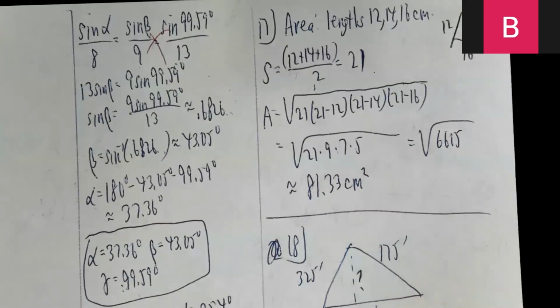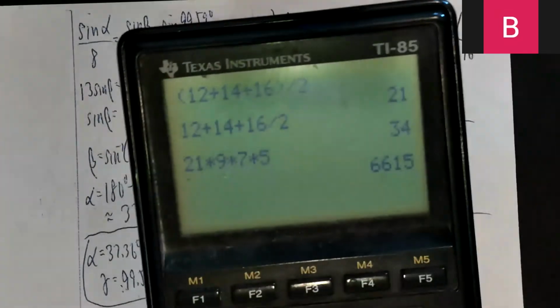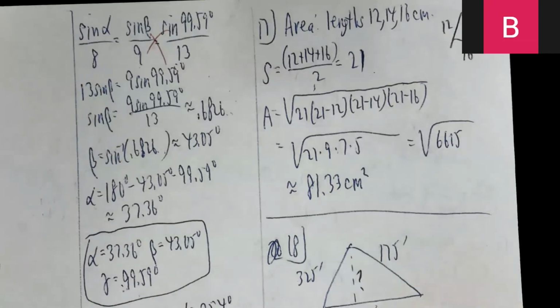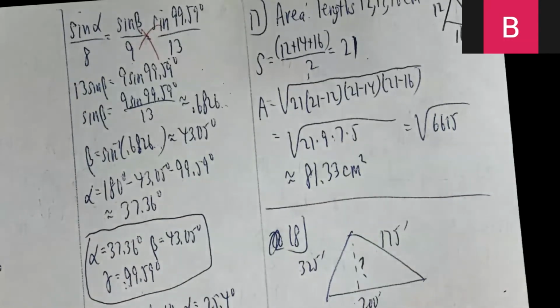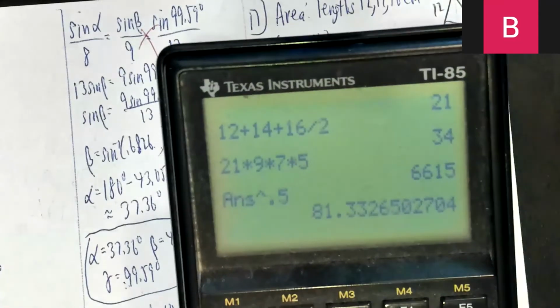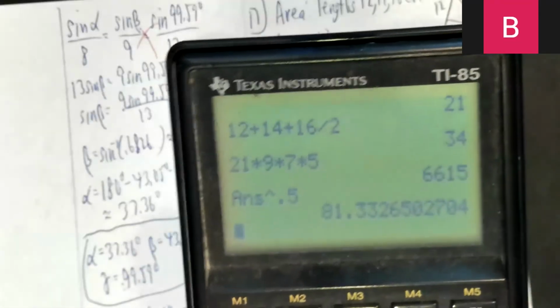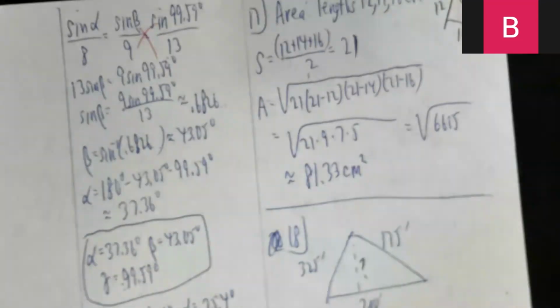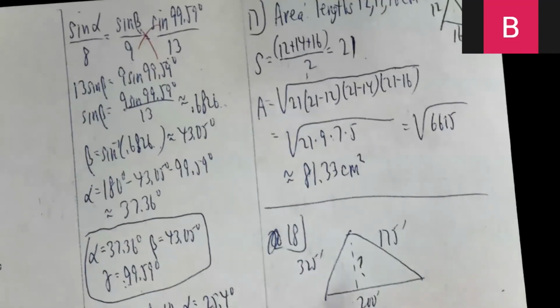So 21 times 9 times 7 times 5 is 6615. That's underneath the square root. So hit my square root button, and I get 81.33 centimeters squared. Okay, so that's the area of this triangle.